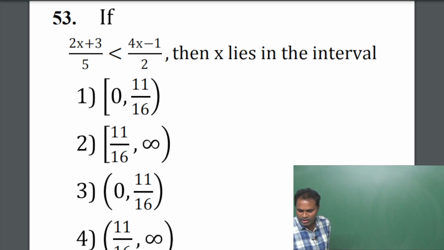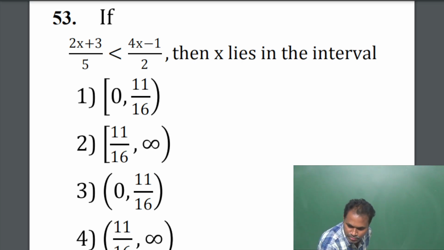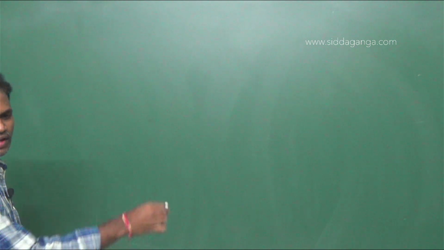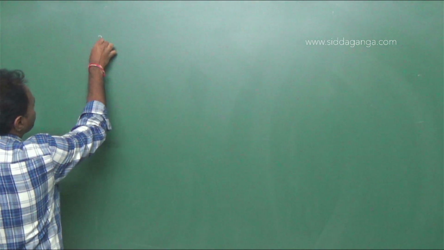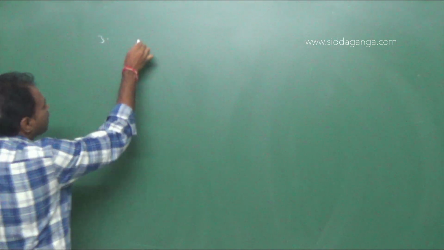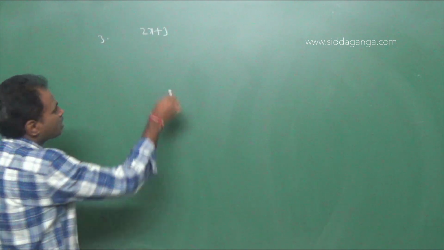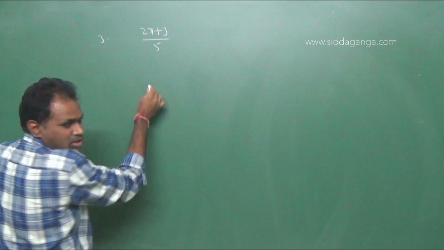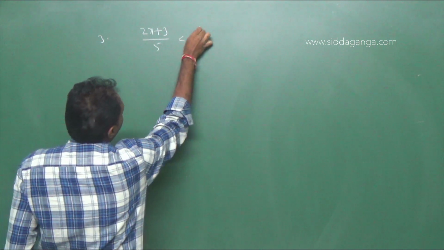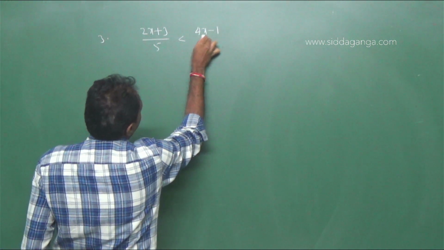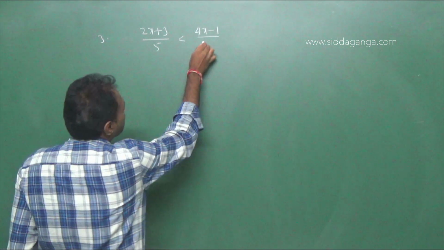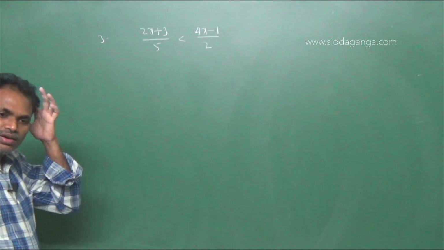Now, the given inequality is (2x + 3) divided by 5 is less than (4x - 1) divided by 2. This is the given inequality.